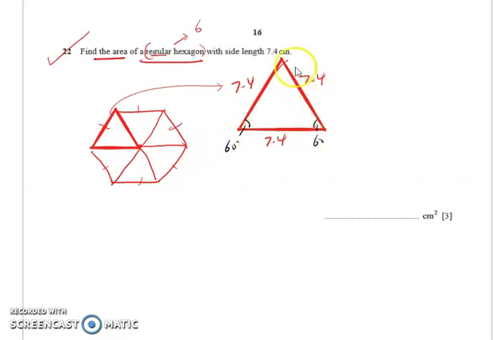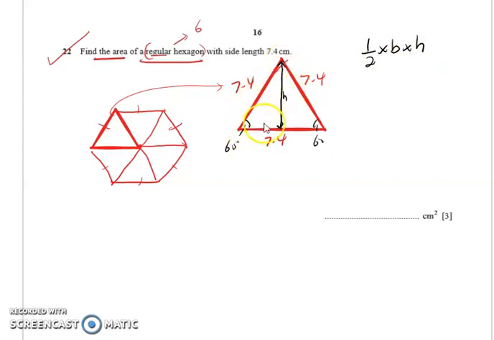Okay, 60 degrees. To find the area of a triangle, we need the base, which is 7.4, but we need the height, so we have to find the height. So this is the height that we are going to get.